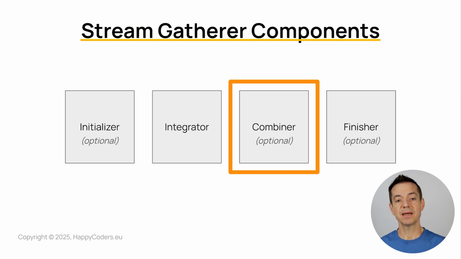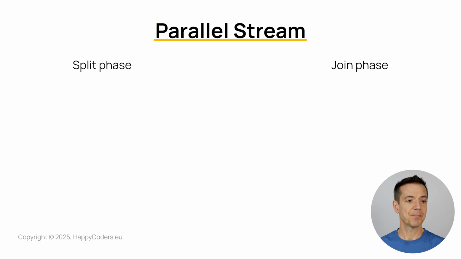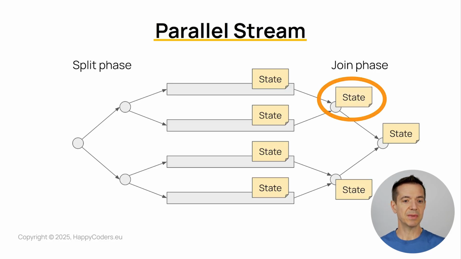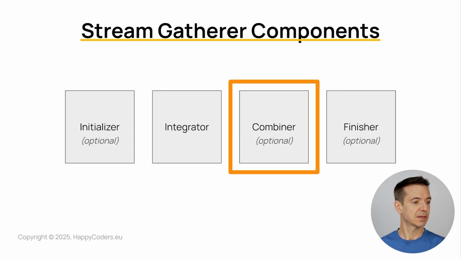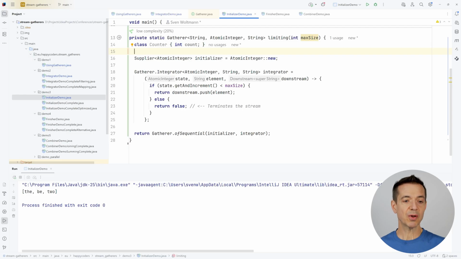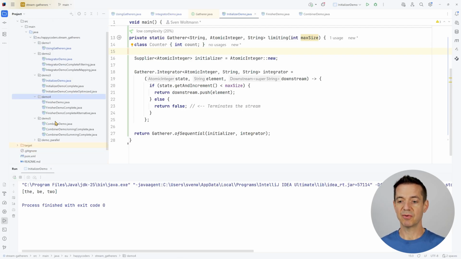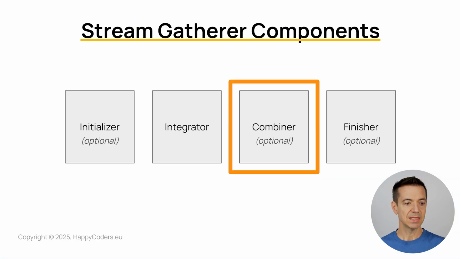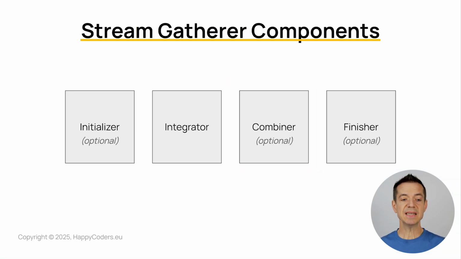We need it if we want a gatherer with state to work in parallel. We'll skip the parallel stream as well. For both components, you can find examples in the repository in the Demo 4 and Demo 5 packages. So with these 4 components, you can now implement any imaginable intermediate operation.